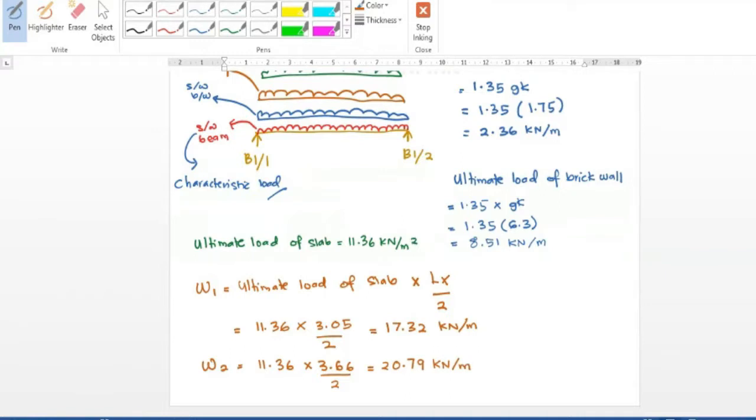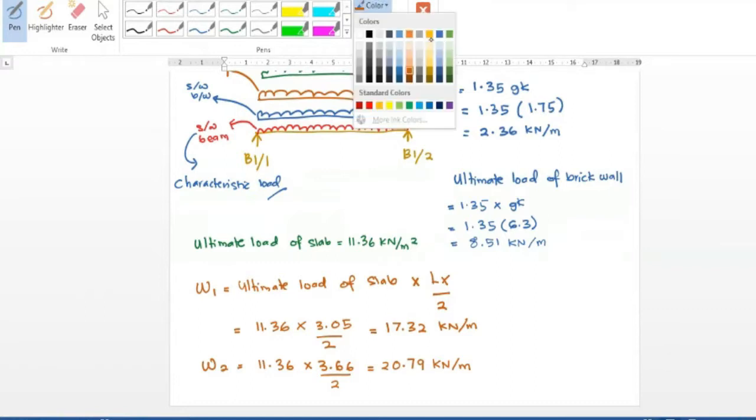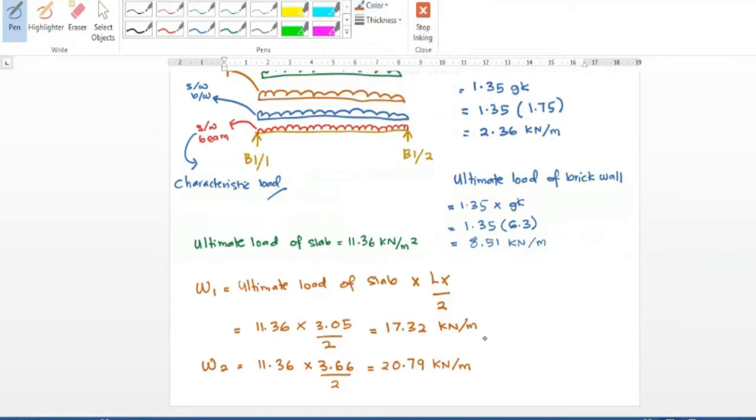So guys, as you can see here, W1 and W2 both have units in kN/m, no more meter square. Because W1 and W2 are already distributed loads.